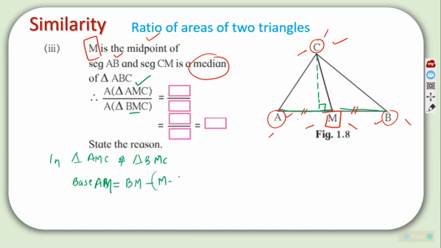You have to state this reason. Then we can simply say that AM upon BM, and you will write this statement here, and say that they are equal. When AM upon BM is equal, it will become 1. The ratio is 1 is to 1. That means both have the same, equal ratio. Okay, we will go ahead.